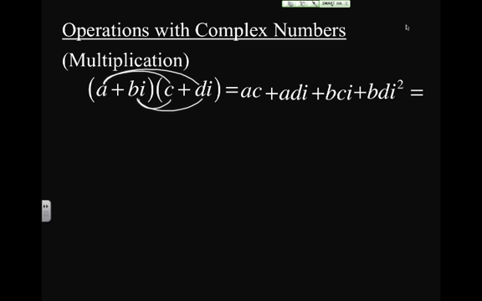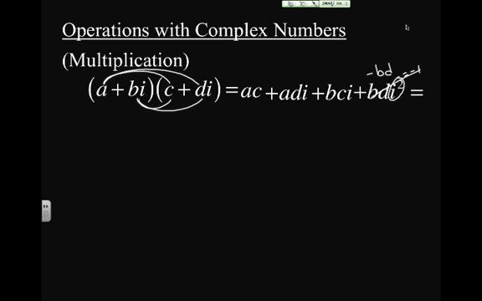Now, if you remember back to our first statement, this i squared equals -1. So when we have b times d times -1, that's going to change the sign on that portion, and so that's going to make this minus bd.